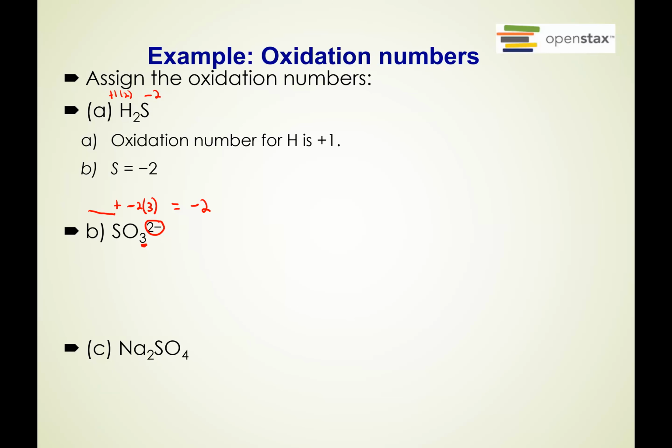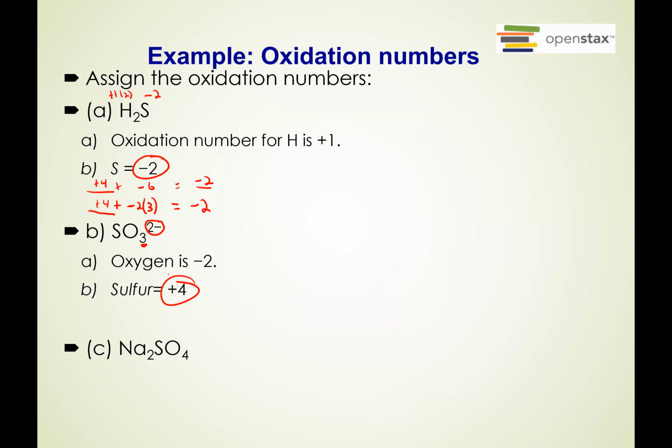So we have -6 equals -2. What is sulfur in this case? It's going to be a +4 because +4 minus 6 equals -2. So in this case, sulfur was a -2. In this case, sulfur was a +4. This is what we mean by the oxidation states can change. So you use the rules we know to figure out the ones we don't.